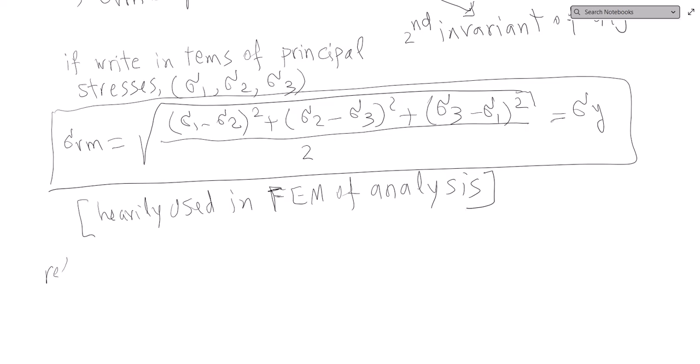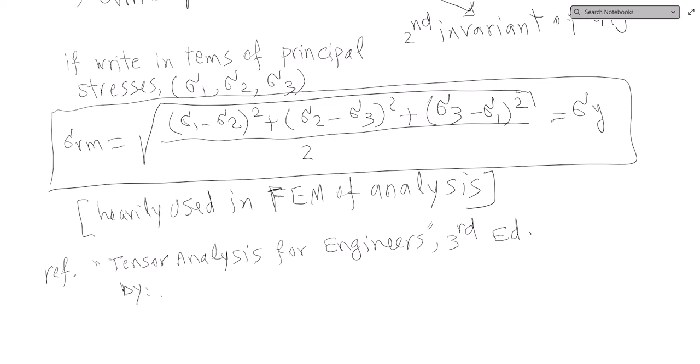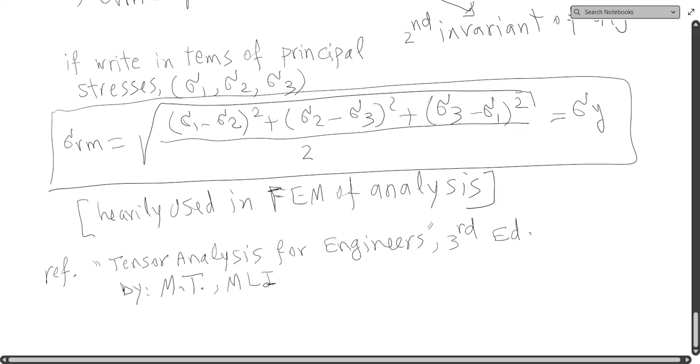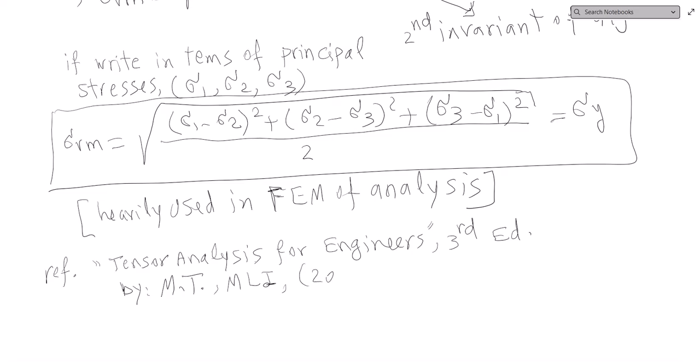So a reference for calculation of J2 is Tensor Analysis for Engineers, third edition, by myself, MLI, and the year is 2023. To be specific, look at chapter 16.